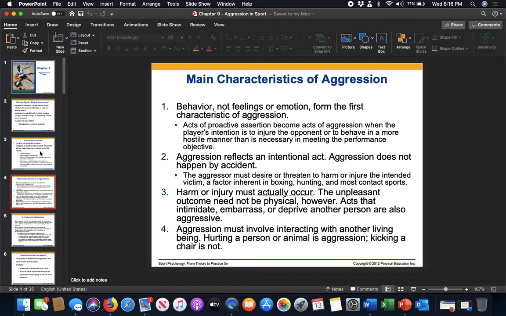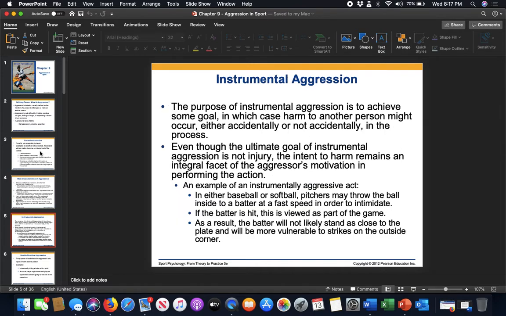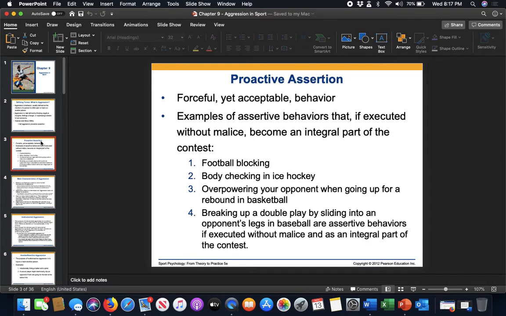But if you kick that basketball and it took a wrong turn off the freeway and ended up whacking some little kid in the face, then that might be a change in the characteristics of what really is aggression at that point. So, again, you have proactive assertion, which is acceptable behavior.